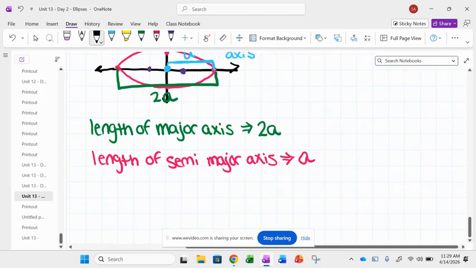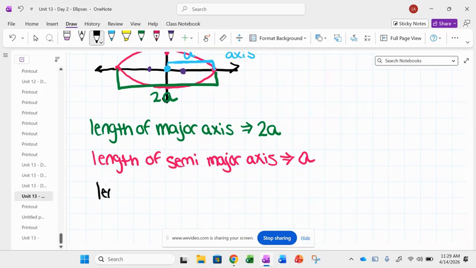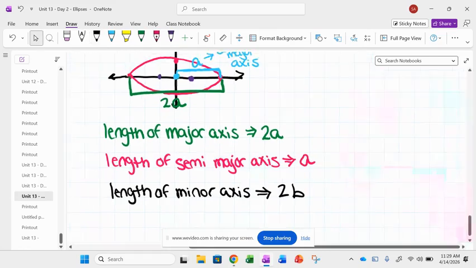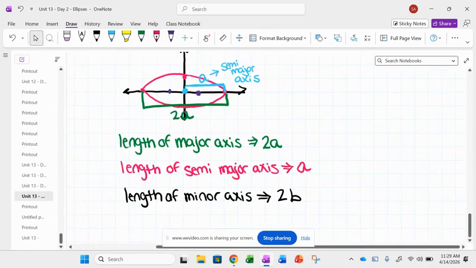All right, let's keep going. So now we talked about the major axis. Now let's talk about the length of the minor axis. The length of the minor axis is going to be represented by 2b. And the major axis is where the ellipse is long in.